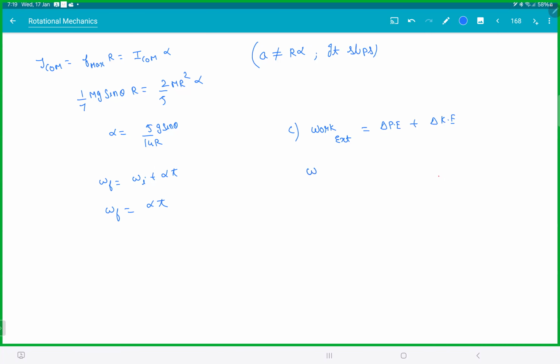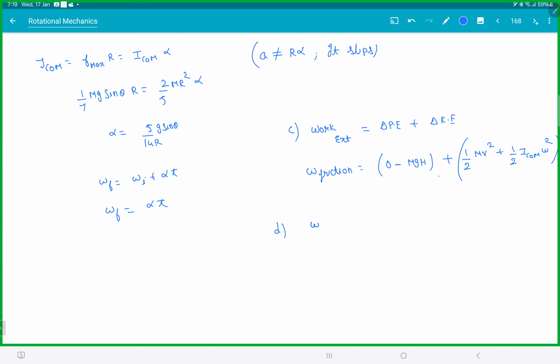So work done by friction would be change in potential energy. Finally it is 0, initially mgh, plus kinetic energy. Initially 0, finally half mv square plus half I com omega square. You know v, you know omega.